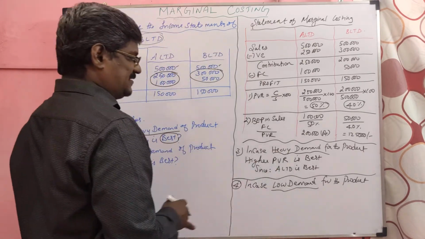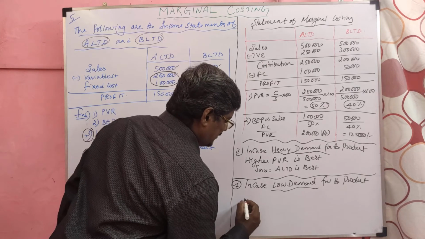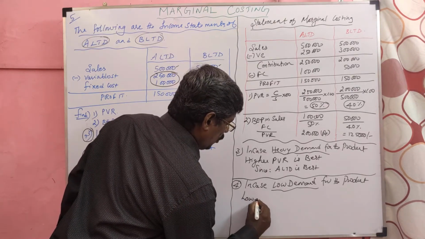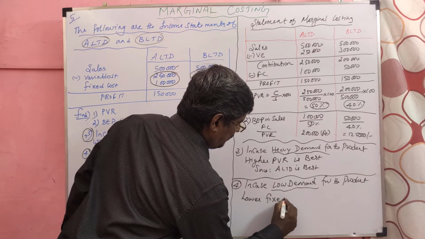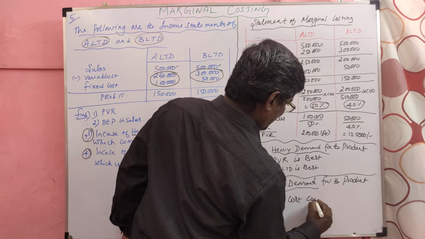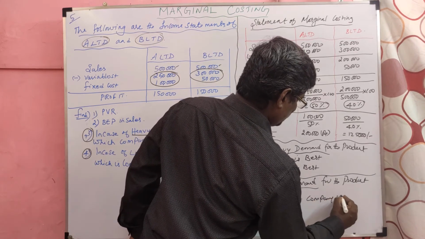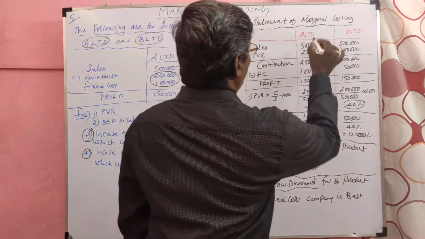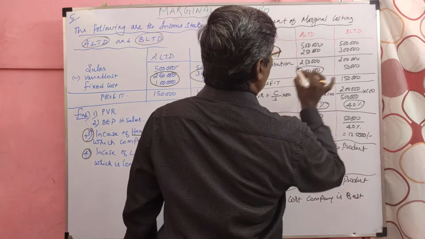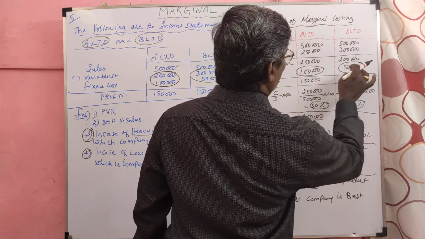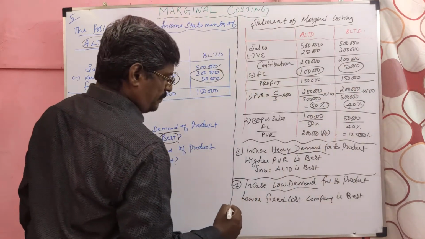We have to consider the lower fixed cost company. Lower fixed cost company is best. So we have to compare the fixed cost. A Limited fixed cost is 1 lakh. B Limited fixed cost is 50,000. Which is lesser? 50,000.